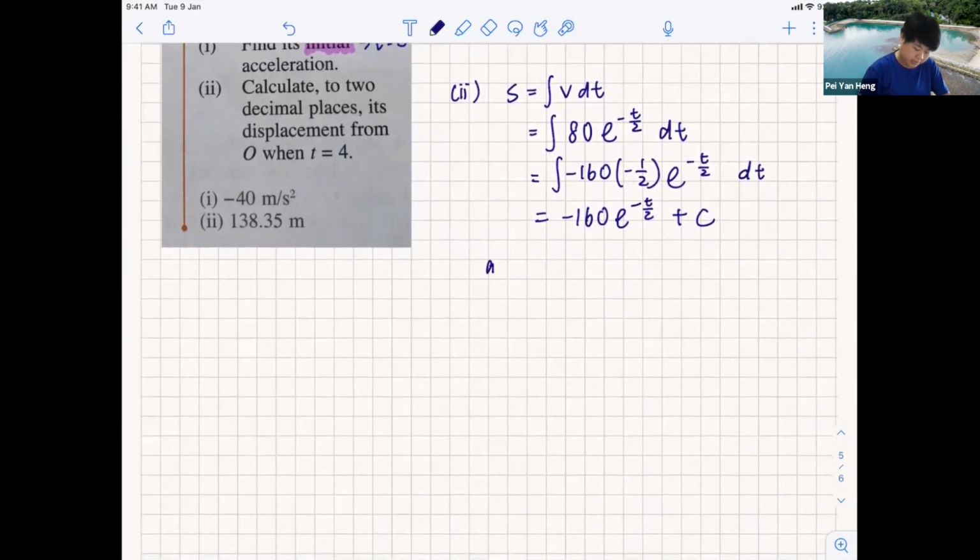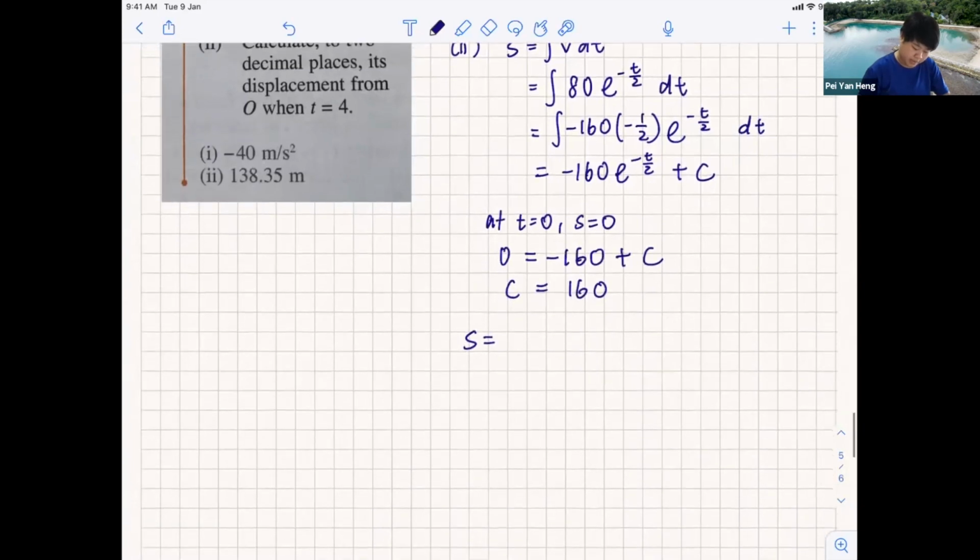Okay, and we know that at t equals 0, the displacement is 0. So 0 equals minus 160 plus c. So c will be 160.